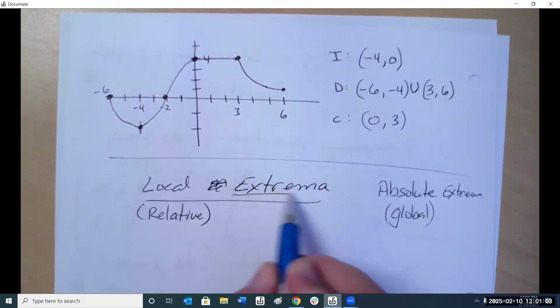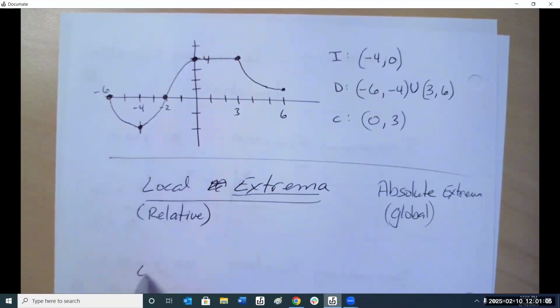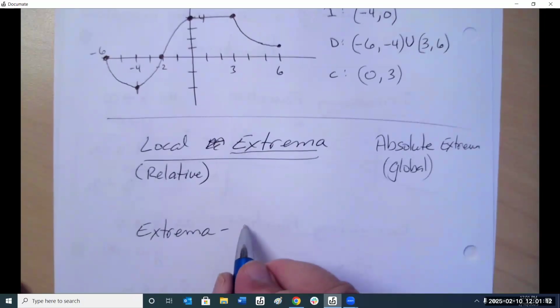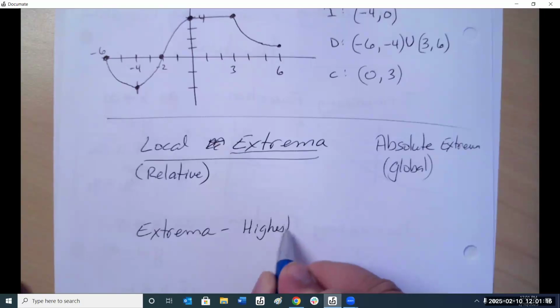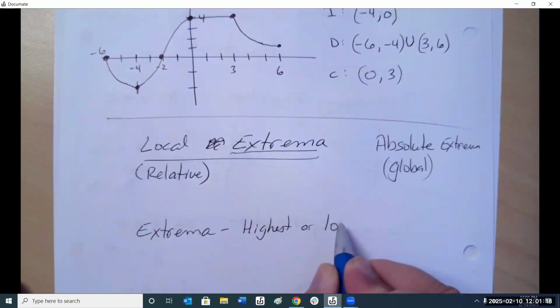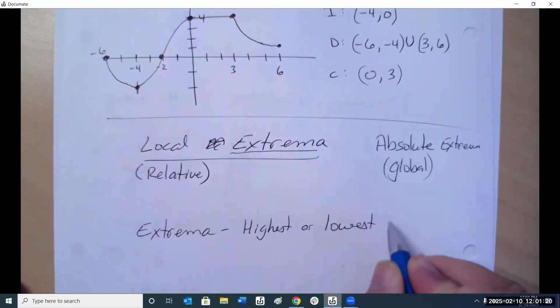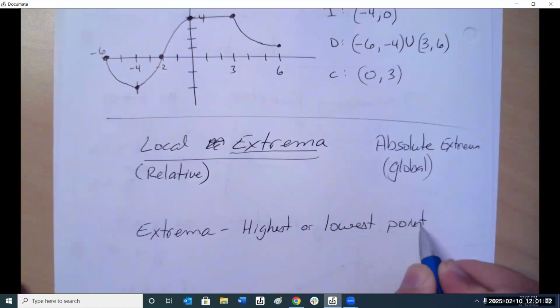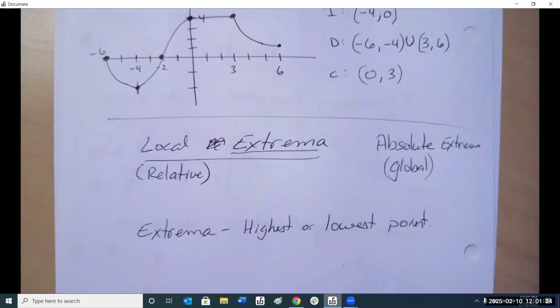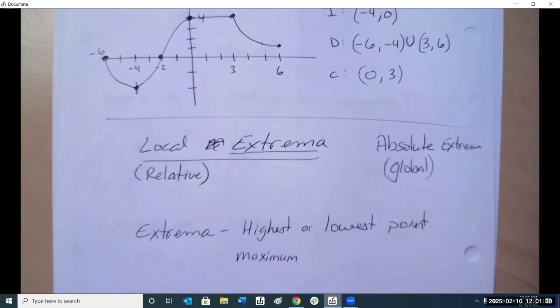Now, what is an extrema? The highest or lowest point. Instead of highest, we use the term maximum.